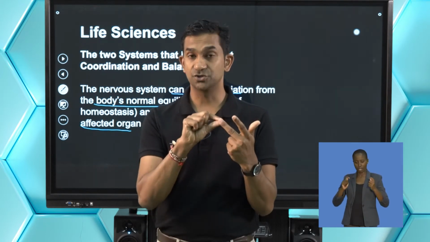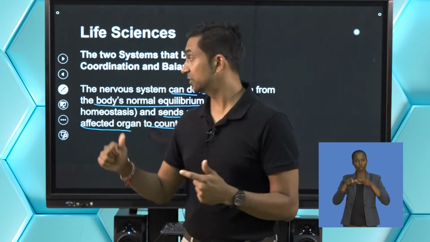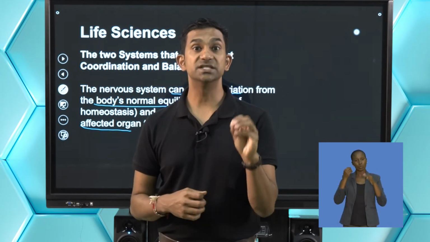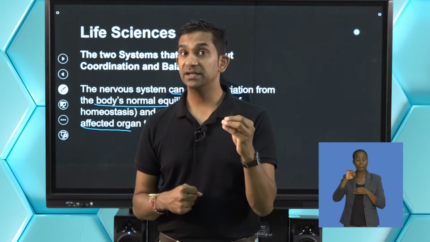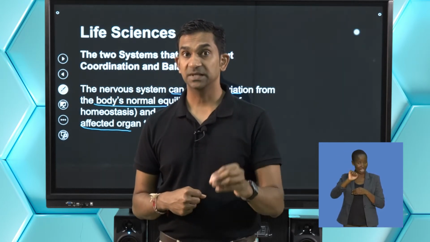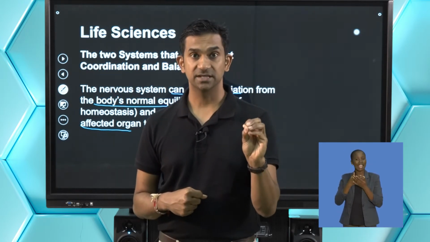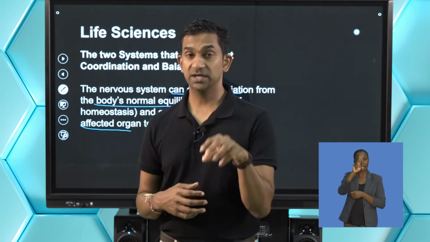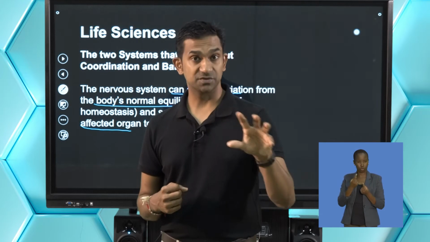And then you have a control center. In this case, when we look at the nervous system, it's going to be the central nervous system, which is the brain. And that's going to then interpret the stimulus, and it's going to respond to that by sending an impulse to an effector organ. So you guys in grade 10 would have looked at types of neurons.